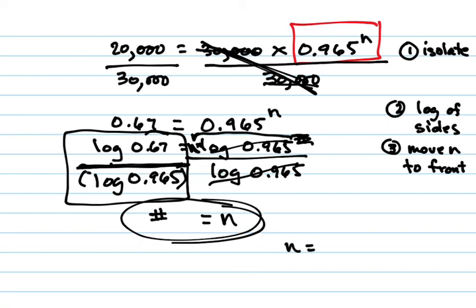Since n equals months, we usually round to a whole number. Now months could be decimal, right? But usually we just round it to the nearest whole number. Okay, so let me stop there just to ask questions about the logarithm part.